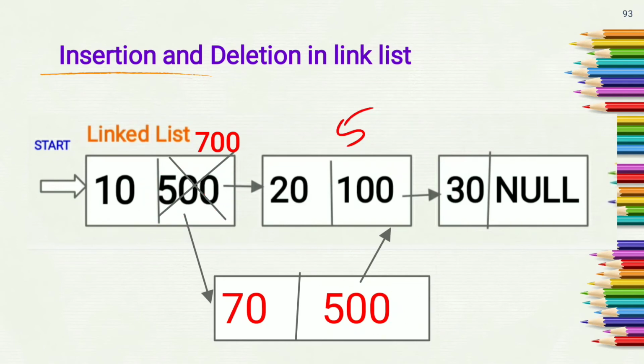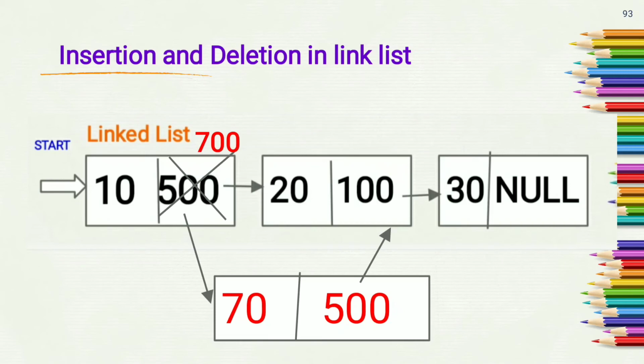After that we will update the link part of the previous node by address of the new node. Suppose the address of the new node is 700, so in place of 500 we have to replace 700 in link part of that node. So in linked list we simply have to change the pointers or link parts of the nodes, which is an easier operation as compared to shifting operation in array.